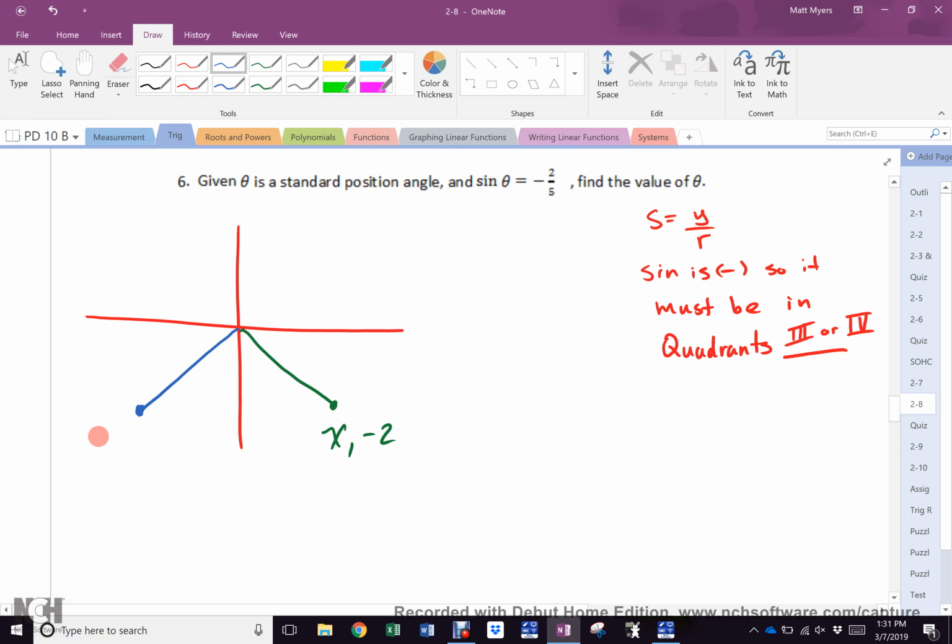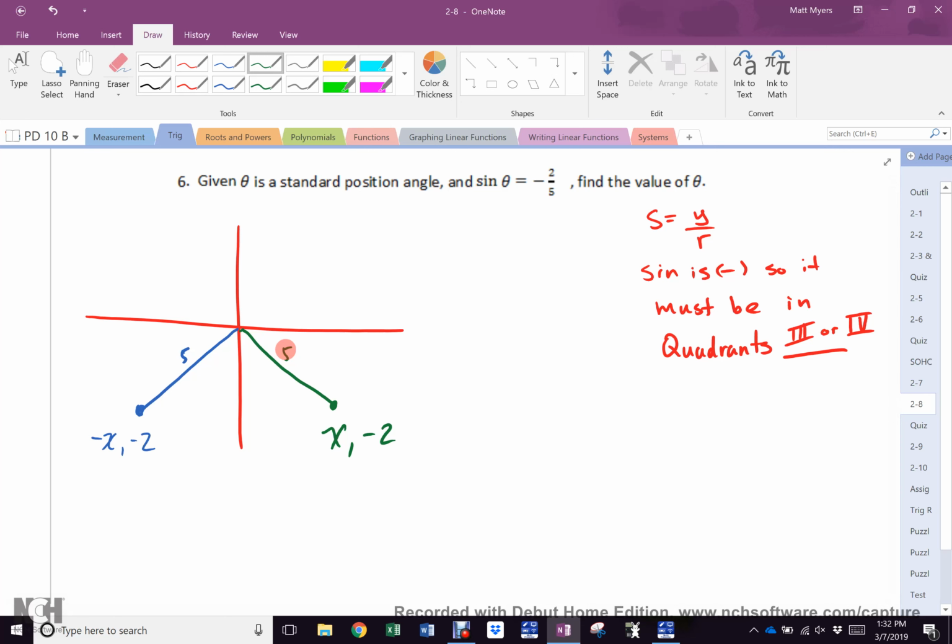What is it? Negative x. -2. Nice. There's the 5. Now, why did I make you draw this?